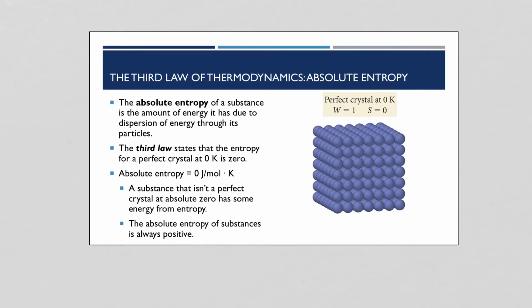So one of the first things we need to look at when we start thinking about standard entropies is how we define them relative to a 0 point. If you remember back to enthalpy in chapter 7, there is no absolute zero for enthalpy. So we had to define a relative value.